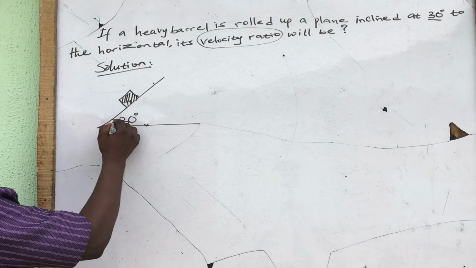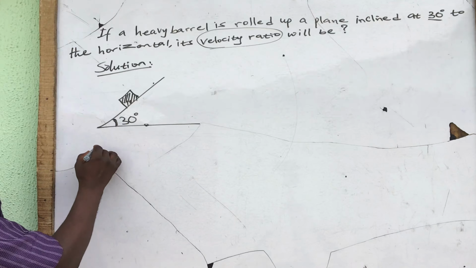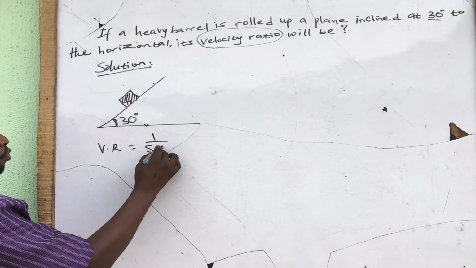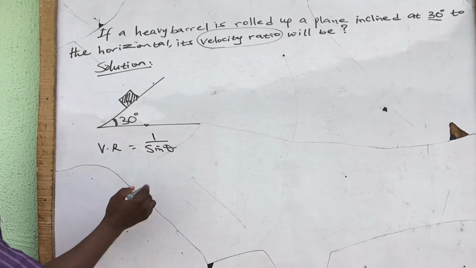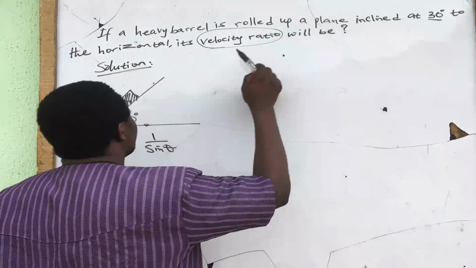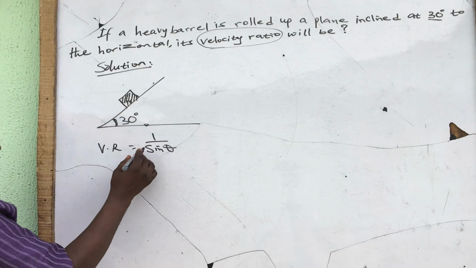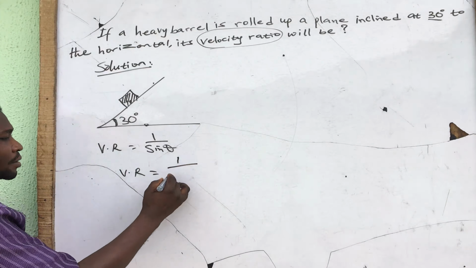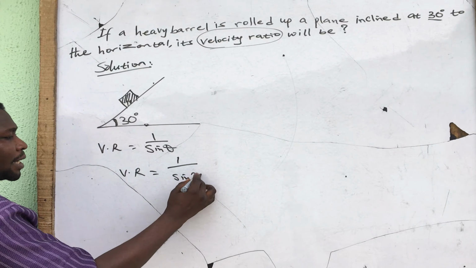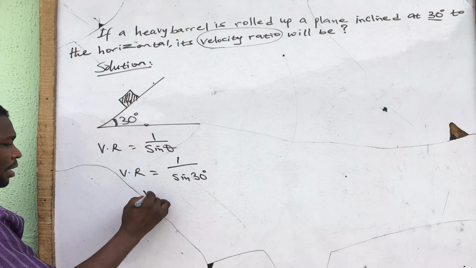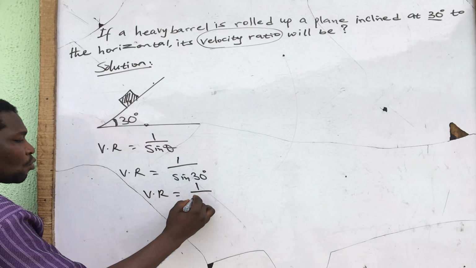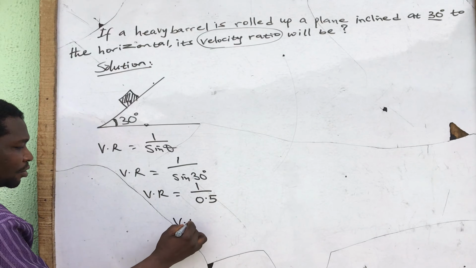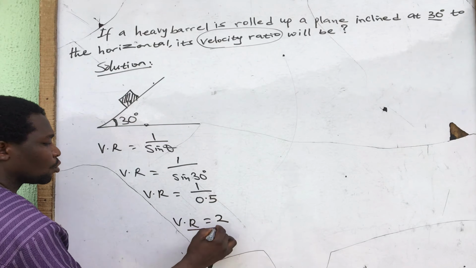So you agree with me, the velocity ratio equals 1 over sine theta. As you can see, we have been given theta to be 30. Therefore, our velocity ratio equals 1 over sine 30 degrees, which is 1 over 0.5, that is sine 30. Then our velocity ratio equals 2.